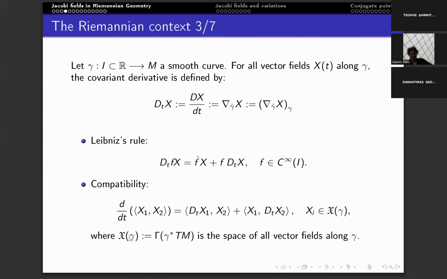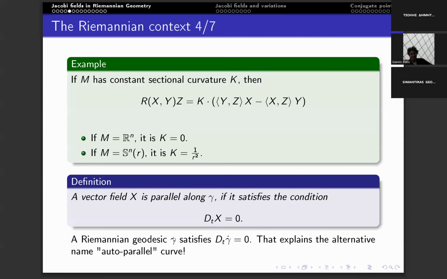And following this notation, the Gothic X of gamma denotes all the sections of the pullback bundle of TM by gamma. It is practically the disjoint union of all the tangent spaces of M, but over the points of gamma.